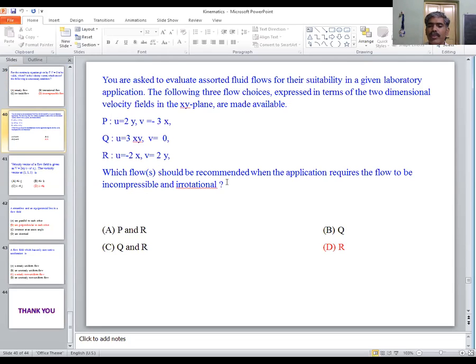Which flow should be recommended when the laboratory application requires the flow to be incompressible and irrotational? So for all three fluids, you have to check whether they are incompressible and irrotational, using the irrotational formula and the compressibility formula.